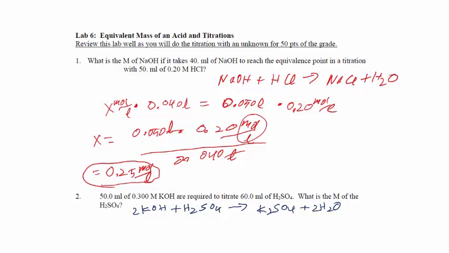I need 2 waters to make 4 hydrogens and 2 oxygens. And now we're good, but notice I have a ratio of 2 mole KOH per 1 mole K2SO4. And now we can set up our equation knowing that.